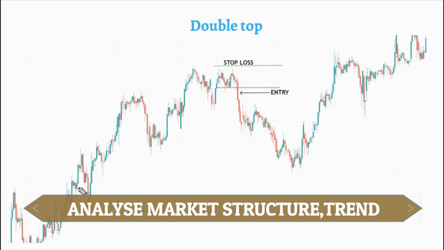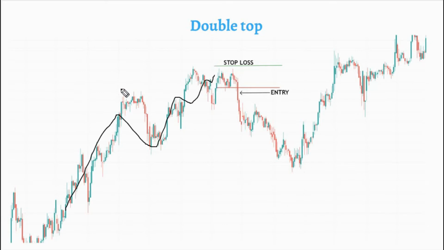So we could say that prices were in an uptrend, but after this swing high, prices couldn't break through towards the upside, and it was consolidating below the resistance zone, and most importantly, see these candles. It was showing rejection at the top.